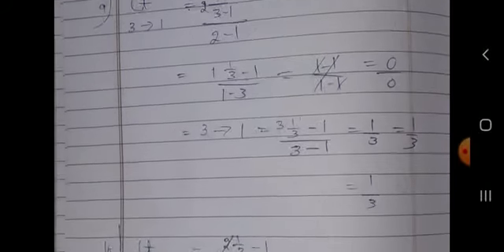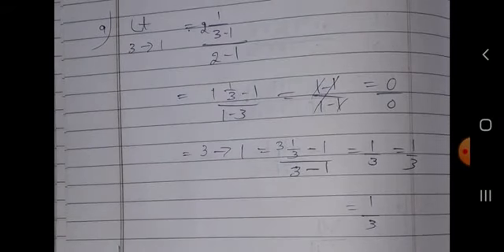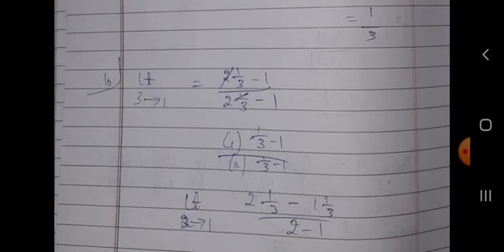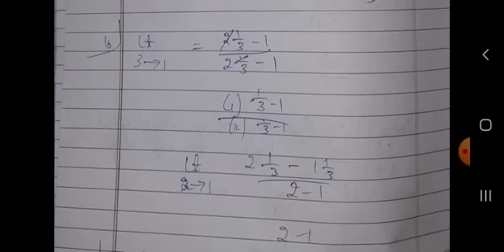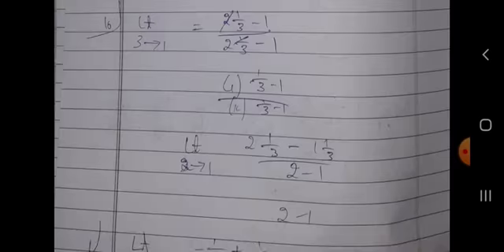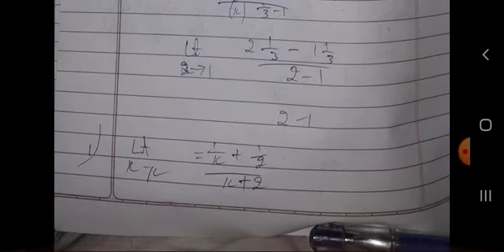Let us take n as 3, so 1 minus 1, so 1 by 3 it will be by cancelling, so therefore it will be 1 by 3. Let us take n as 1, so therefore 2 1 by 3 minus 1, so therefore 1 by 3 minus 1 it will be, and 1 by 3 minus 1 again, so 2 minus 1, so therefore 2 is the answer.